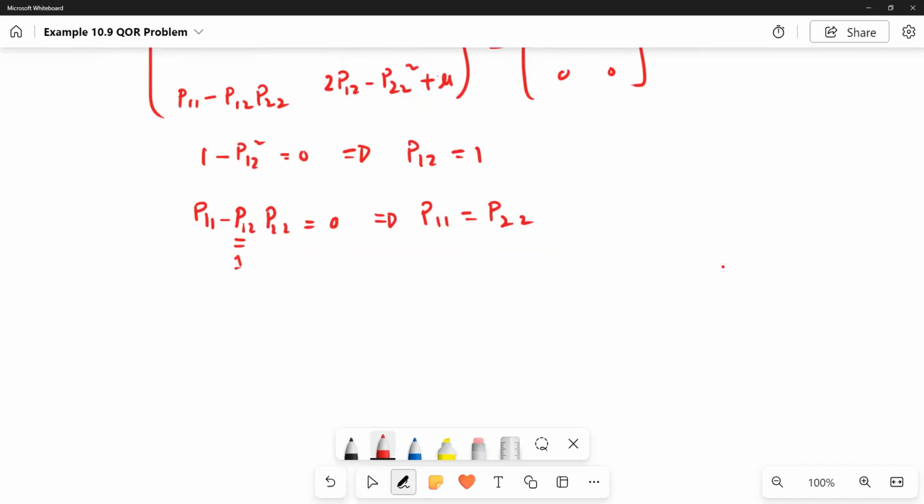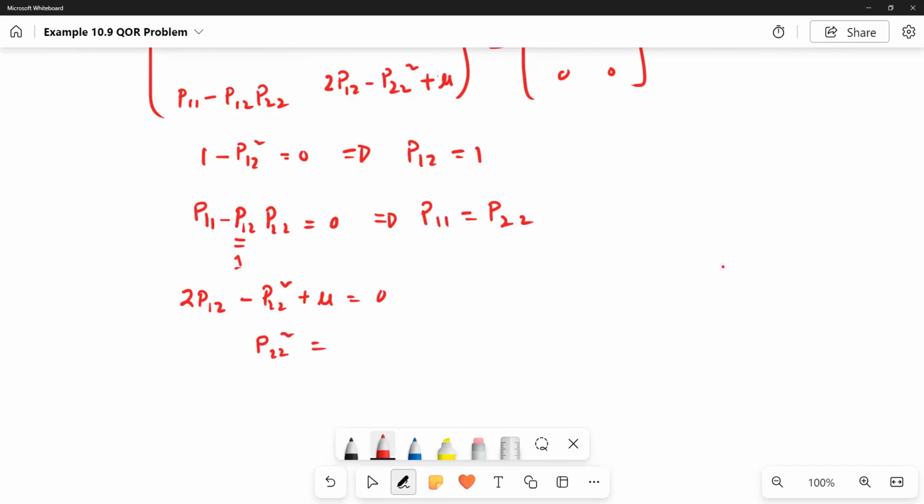So the third equation is 2 P12 minus P22 square plus mu equal to 0. So we are interested in figuring out what the mu value should be, and based on the mu value, what should be the value of P22. So basically, we can take P22 square to the other side and simplify that.